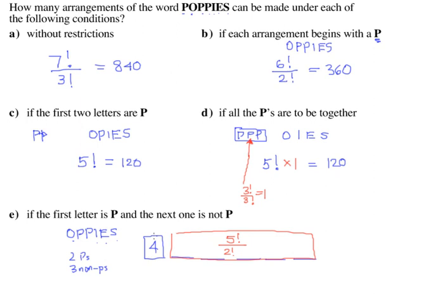All right. For this space, I probably could have done this some other way, and I certainly could have done it more confidently, but that just rattled me enough that I wanted to slow down and be careful. So we couldn't use either of the P's, so this letter is either the O, the I, the E, or the S. It could be any of those 4. Once that's covered, then we've taken care of the requirement that this letter not be a P. And now for the rest of them, it's wide open.